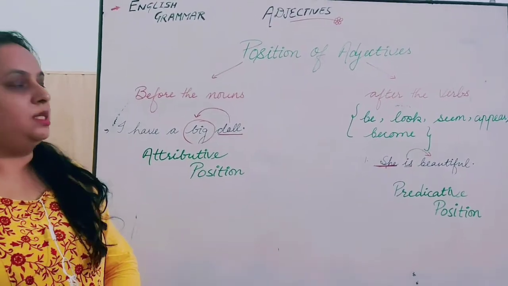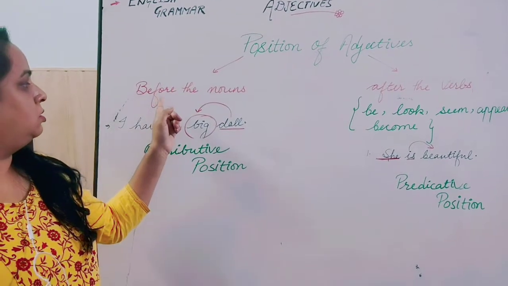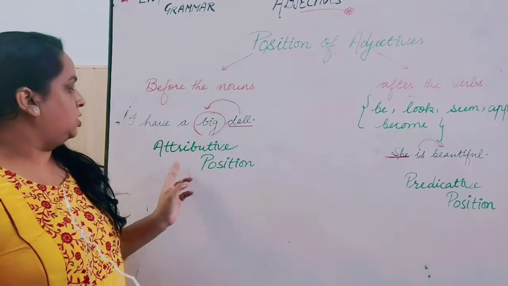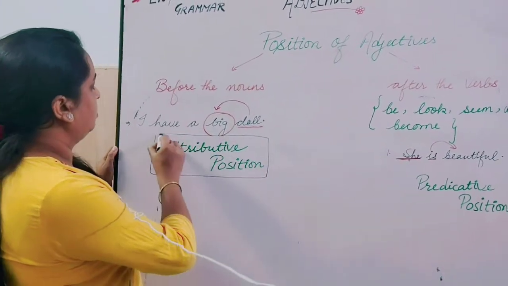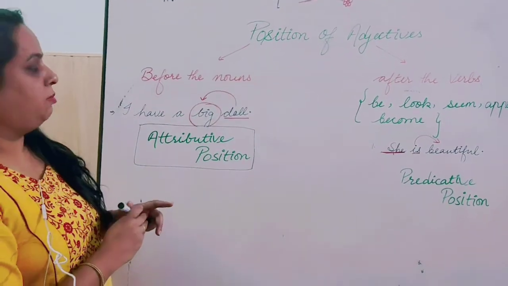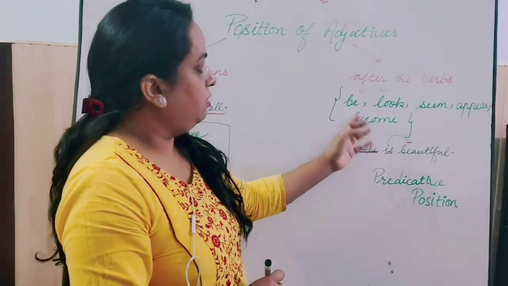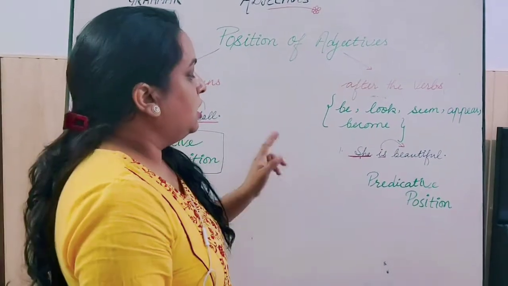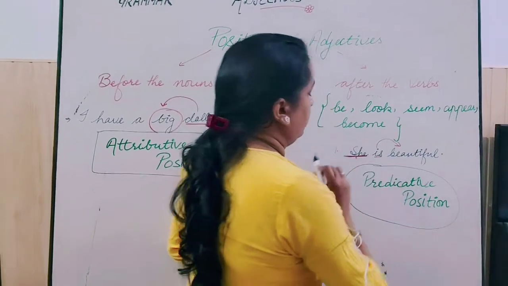Now, we can say if an adjective is placed before the noun, that position is known as attributive position. And if we get the adjective after the linking verbs, that position is known as predicative position.